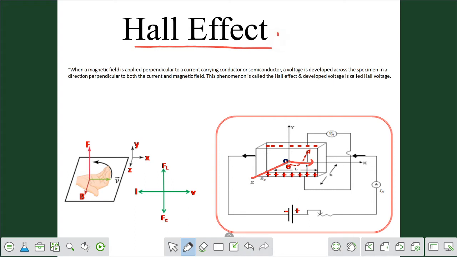So according to this concept, when a magnetic field is applied perpendicular to a current carrying conductor or semiconductor, a voltage is developed across this specimen, in a direction perpendicular to both current and magnetic field. This phenomenon is called the Hall effect, and the developed voltage is called the Hall voltage.